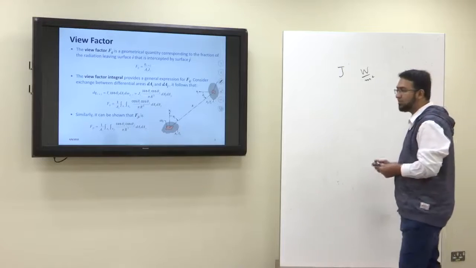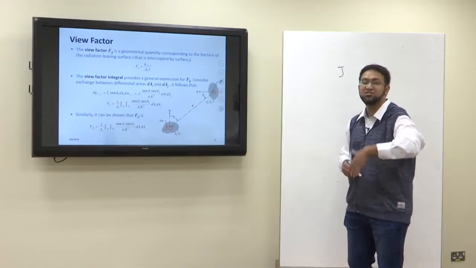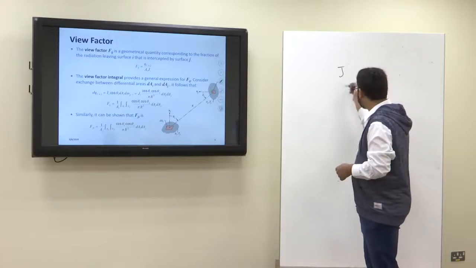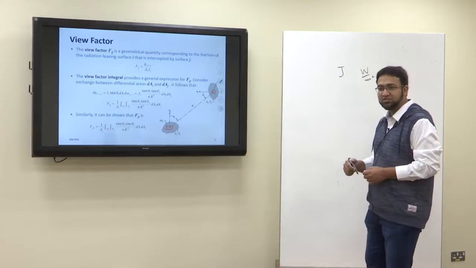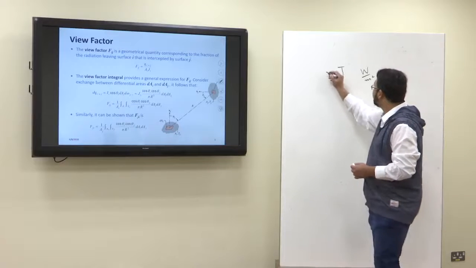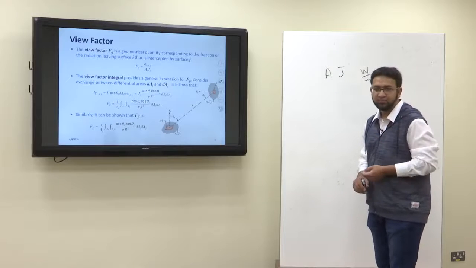So what will be the total amount of heat transfer from the surface? What will be the total amount of energy emitted from the surface? Okay, so J is watt per meter square. You have to multiply this by A, the area of the surface.